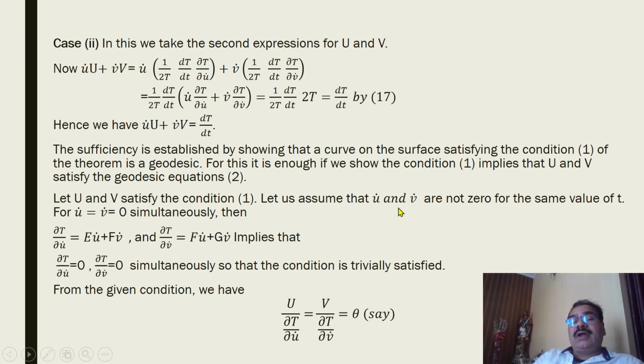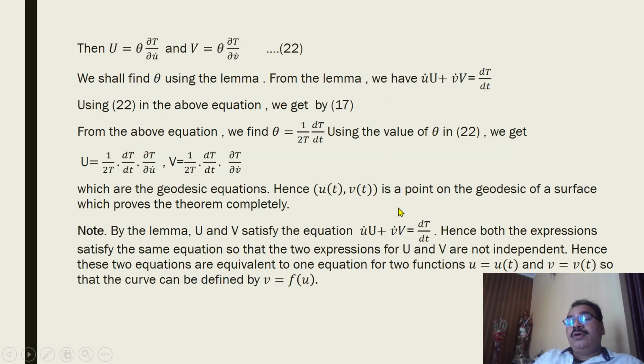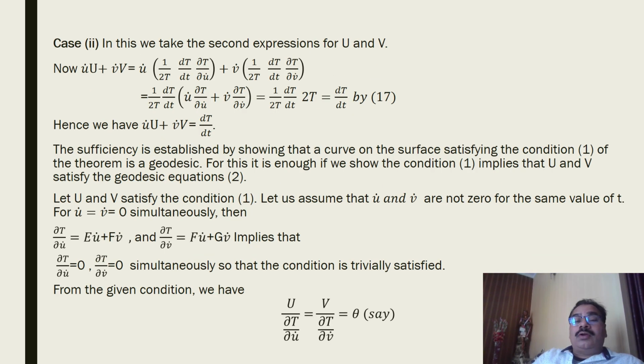Let us assume that u dot and v dot are not 0 for the same value of t. So, del T by del u dot is equal to E u dot plus F v dot, and del T by del v dot is equal to F u dot plus G v dot implies that both are 0 simultaneously, so that the condition is really satisfied.